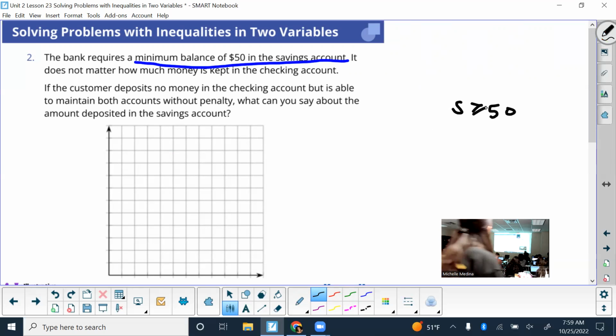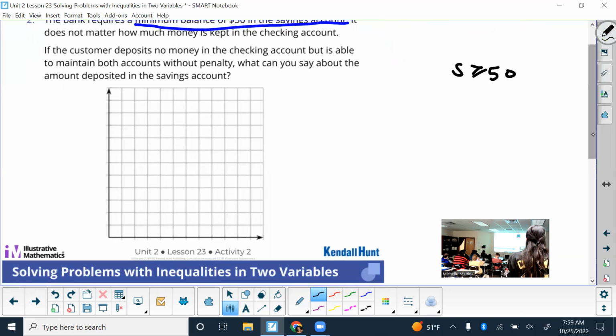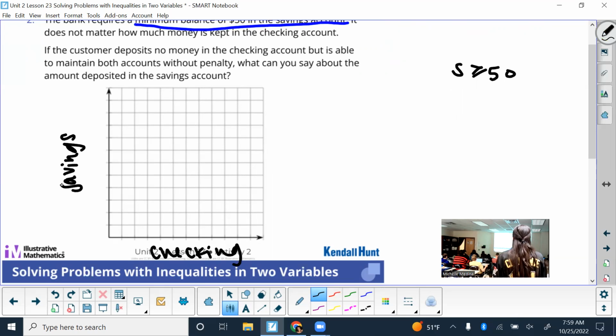To graph this, let me see. All right, that's what I thought. If the customer deposits no money in the checking account, which is our x-axis, our savings we said was our y. So I can actually replace that S with the y that we said it was.